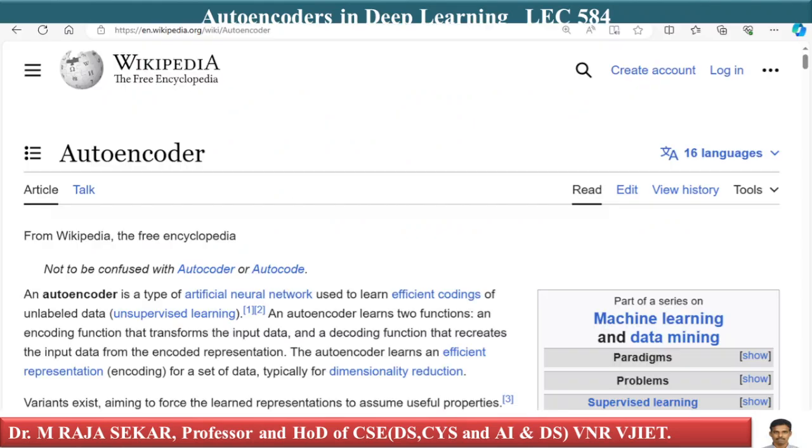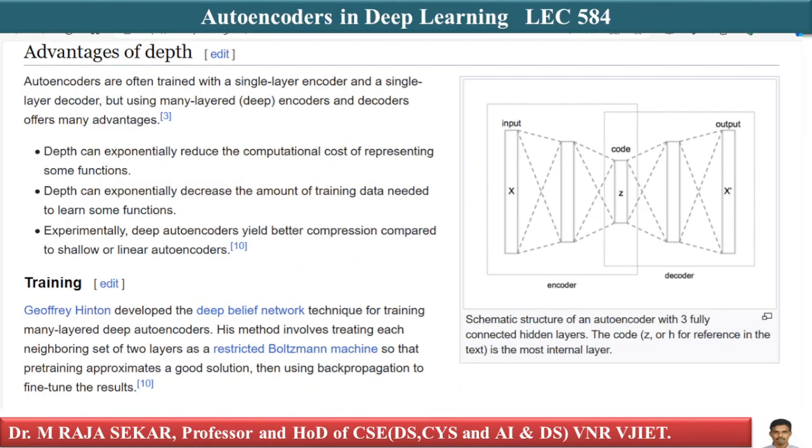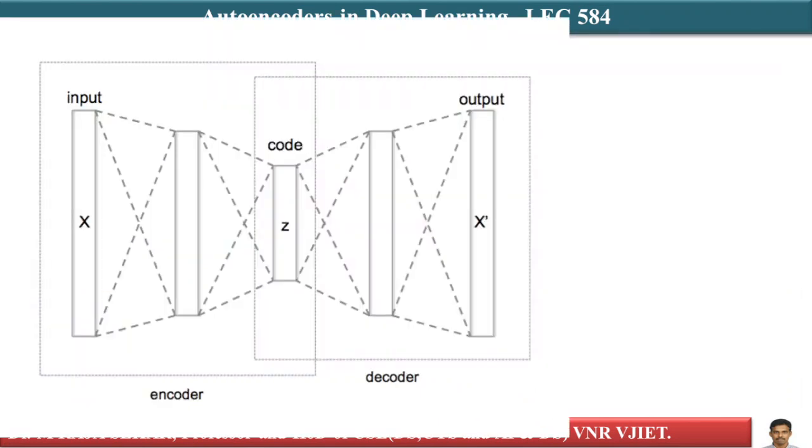Let's go to Wikipedia and see more complex variations of autoencoder. Instead of just one layer, why can't you have this? This is my input x, and this is my output x cap.